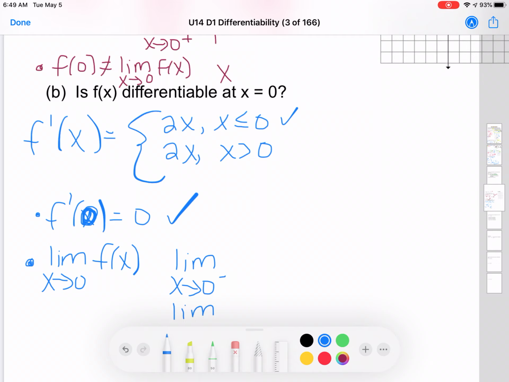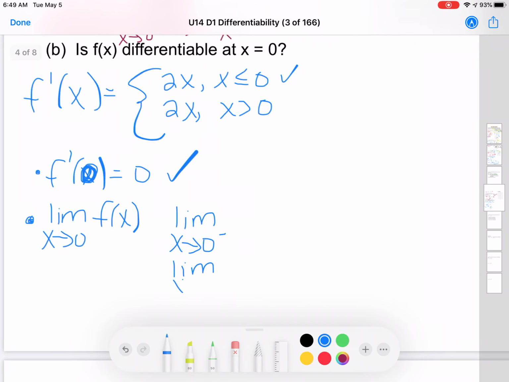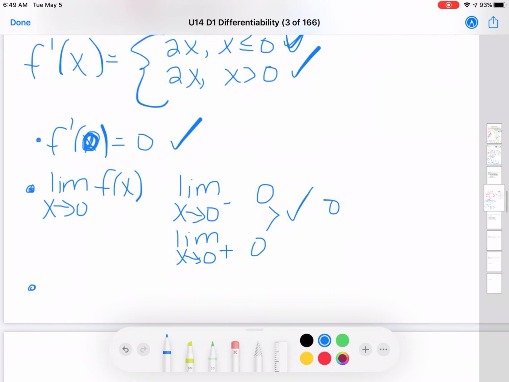Approach from both sides. Okay, so a little bit smaller than 0. We'll plug into this piece. Obviously, you can see we're going to get 0, 2 times 0, 0. We're going to approach from the right, a little bit bigger than 0, 2 times 0, 0. So we can see that they're the same, right? This does exist, right? So this is 0. And we can see that the function value does equal the limit.